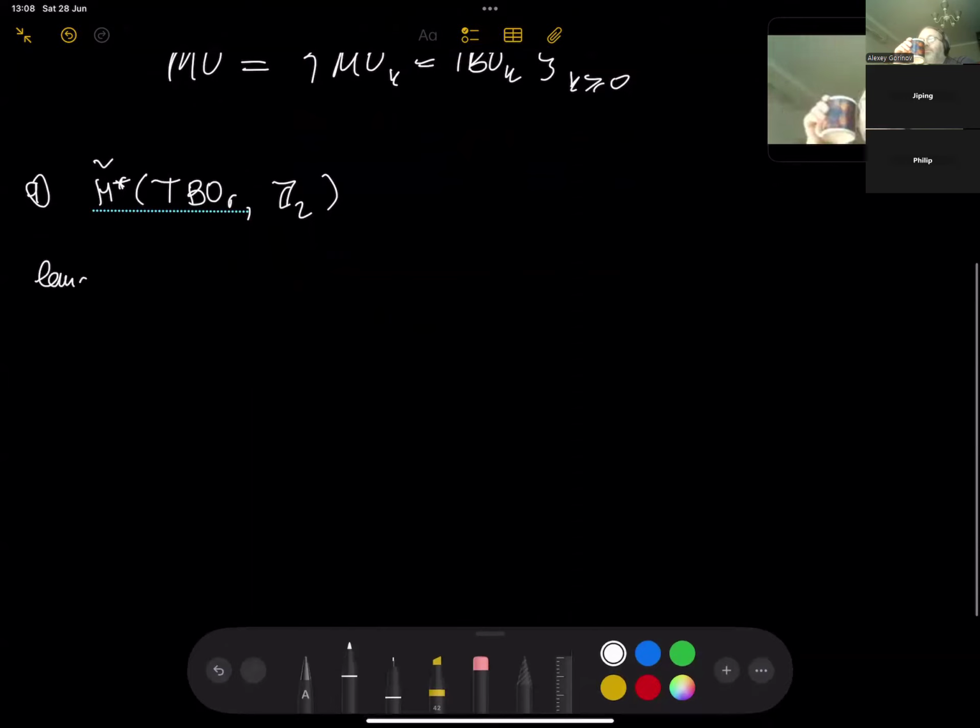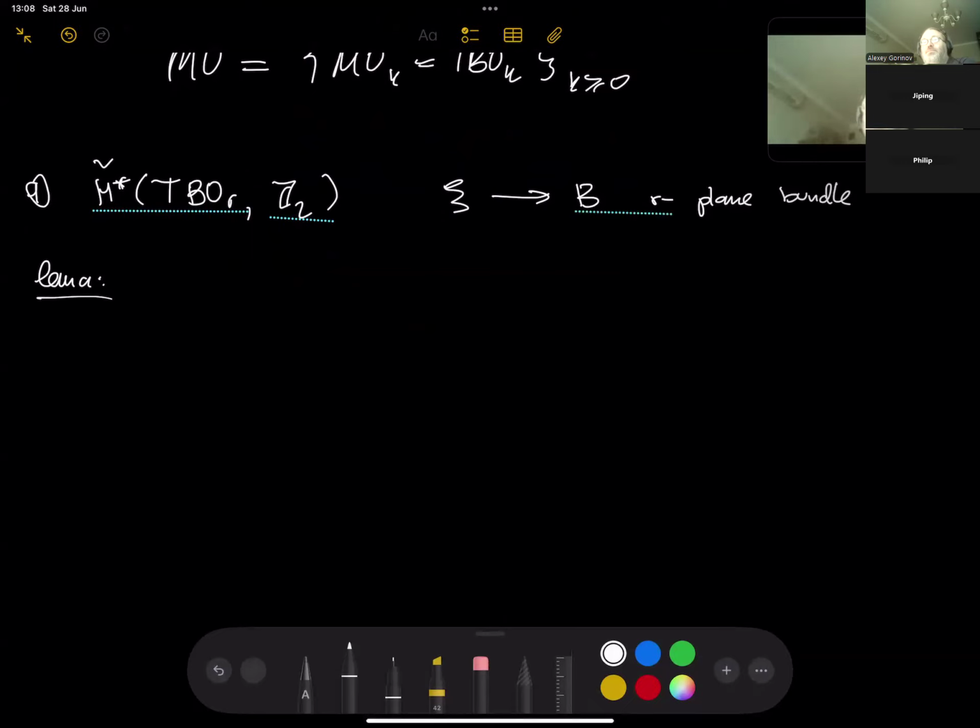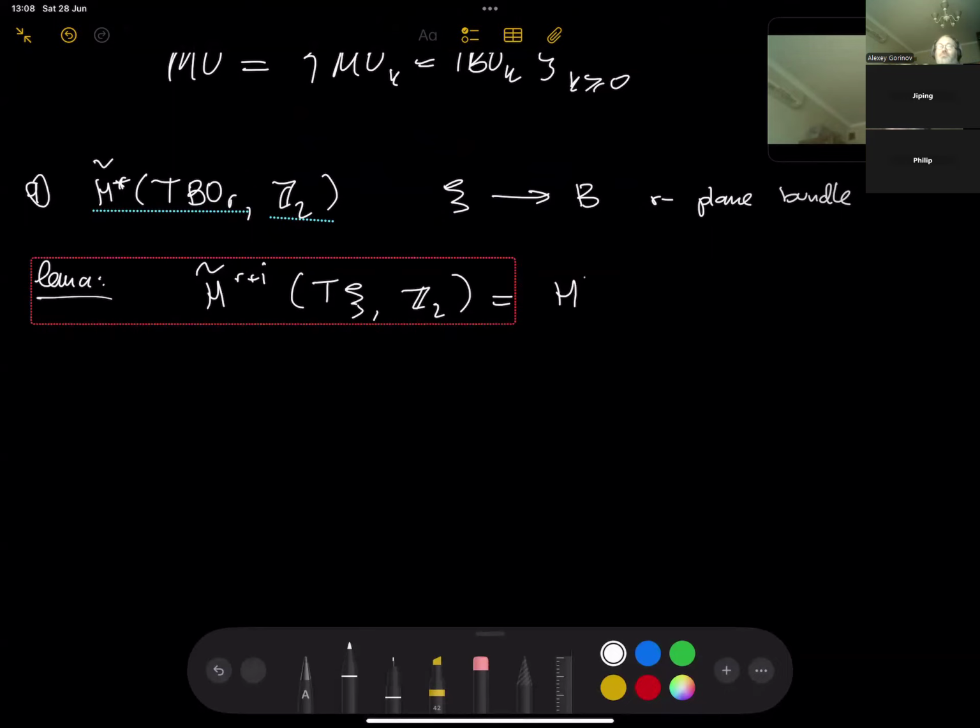There is a lemma that we will use that says that if you have psi over a base B as an R-plane bundle, then you have an isomorphism between the cohomology of the Thom space of psi and the cohomology of the base, this time not reduced.